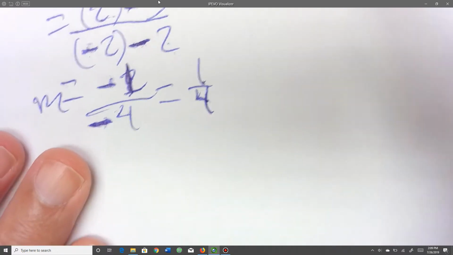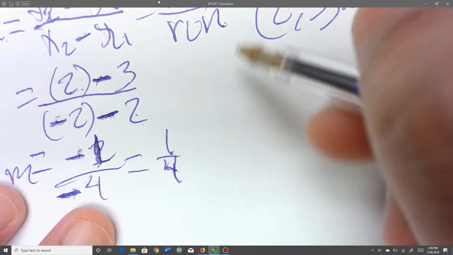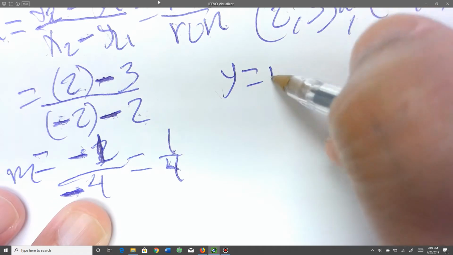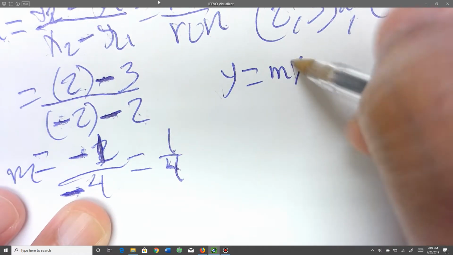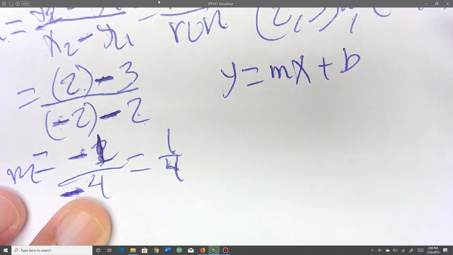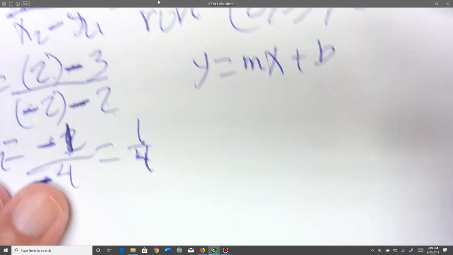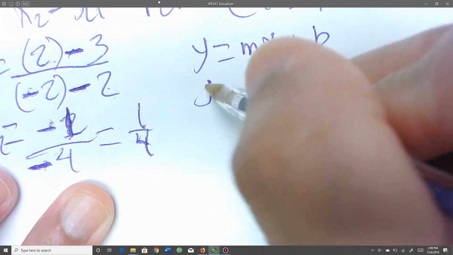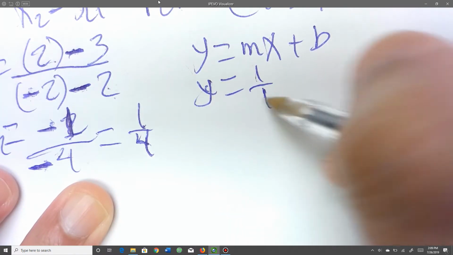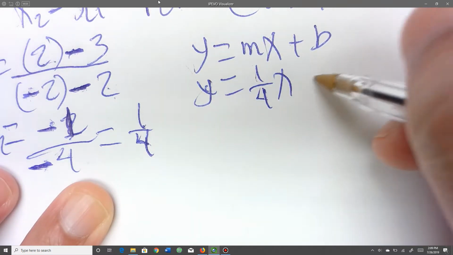Now we have the slope of this equation. Even though I don't know what the rest is, I do know that I want to make it look like y equals mx plus b. That should be your goal. Now I have the slope, 1/4 x plus b.